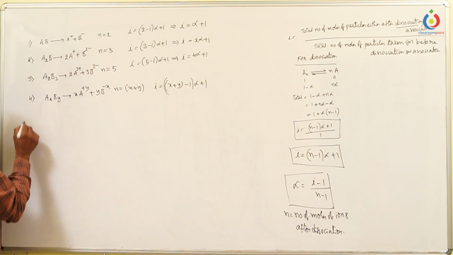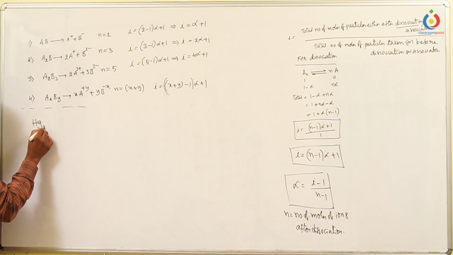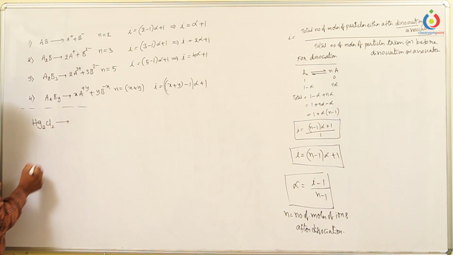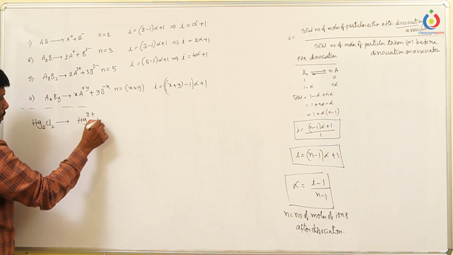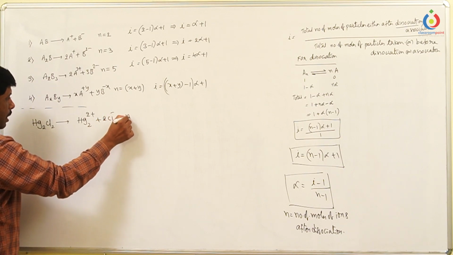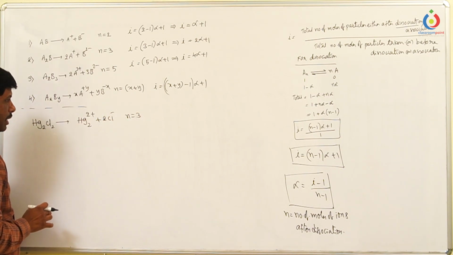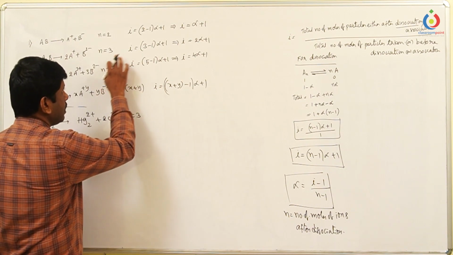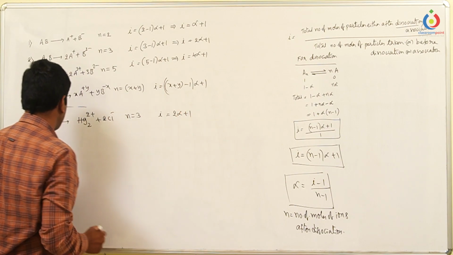There are some solutes which confuse us. Let us take Hg2Cl2. It dissociates into Hg2 2 plus and 2 Cl minus ions. In this case, the number of particles is not 4 but only 3. If it is 3, then the same formula is applicable, so the i value equals 2 alpha plus 1.